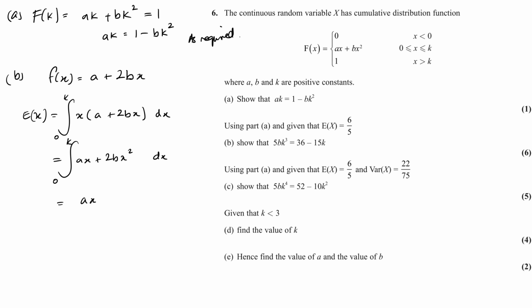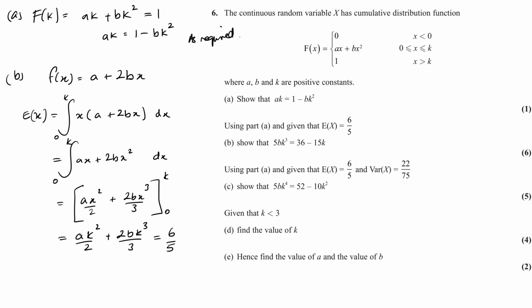So it's ax squared over 2 plus 2bx cubed over 3 between k and 0. So that is ak squared over 2 plus 2bk cubed over 3, and that is going to be equal to 6 over 5.